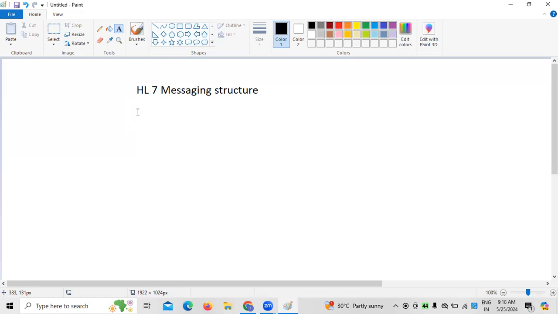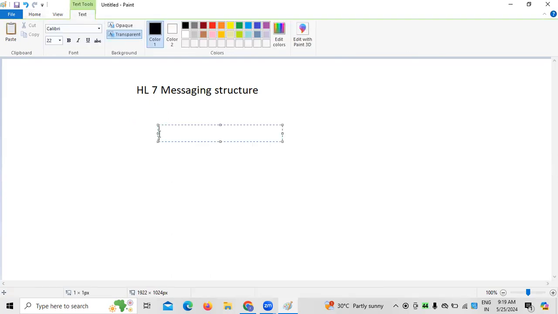In this regard, whenever we are performing the messaging structure in the HL7 part, it is normally in ASCII format. Generally, we use ASCII format for that.